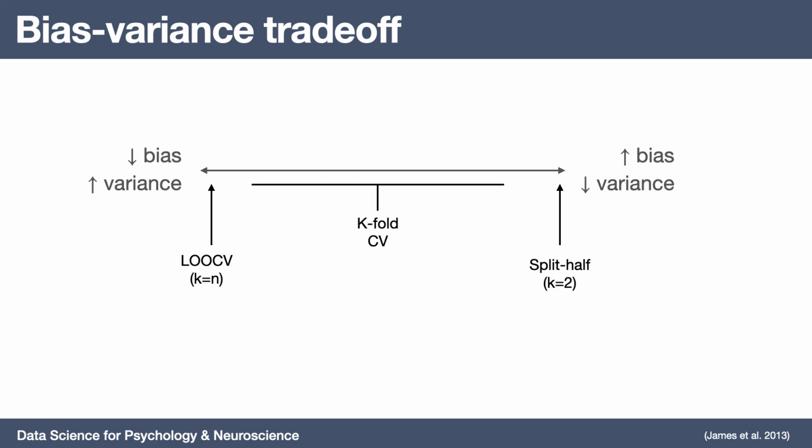It makes sense because as you increase k, remember, the size of your training data set goes up. So if I have the same number of observations, n, in a split-half test, my model, f hat train, has half the observations of my original data set. Whereas if I use leave-one-out cross-validation, where k equals n, my training data set that I use to fit a model on each fold has n minus 1 observations in it.